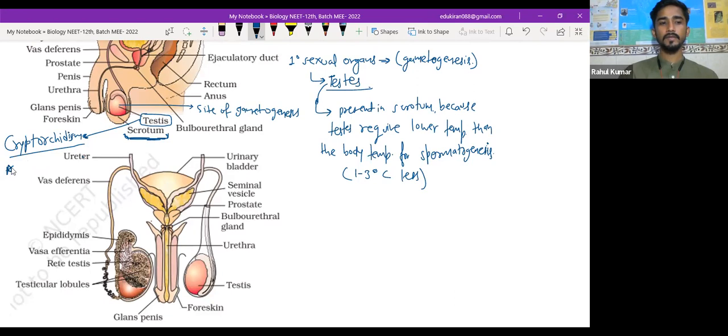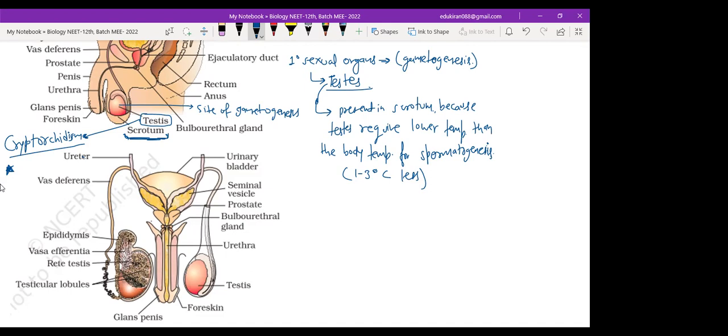Write down: it is the condition where testes fail to descend down into the scrotum. Is it clear?